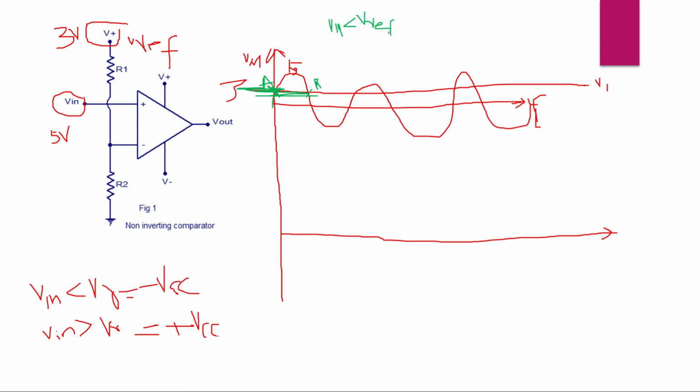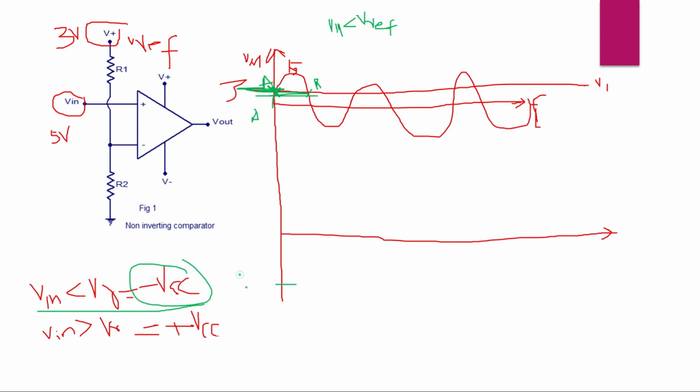As we are discussing the non-inverting comparator, the output will not be inverted if the input is directly connected to the positive terminal. In this case, at point A, my V input is less than V reference, so my output will be minus VCC.